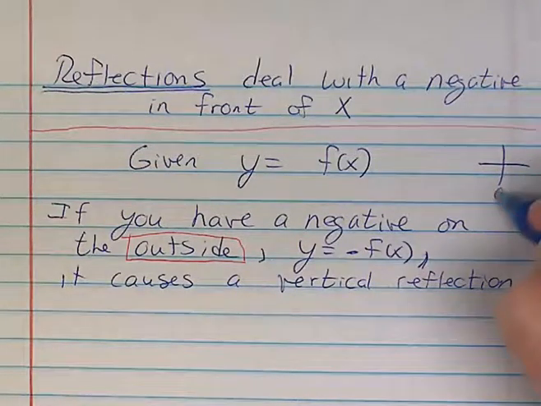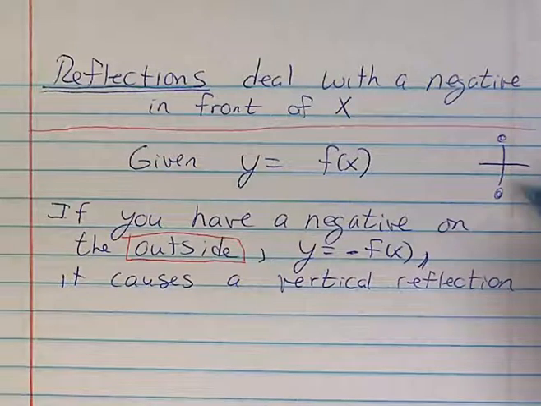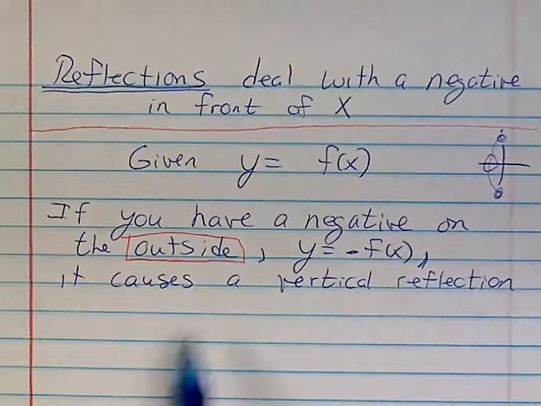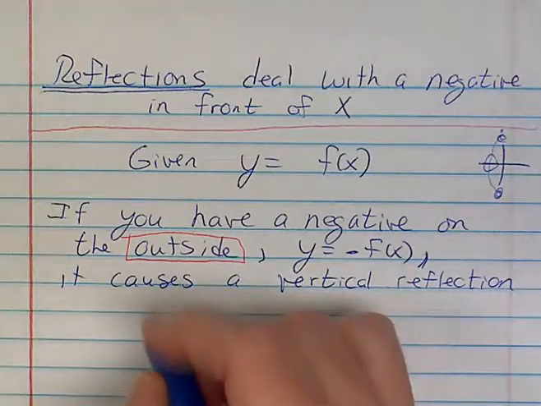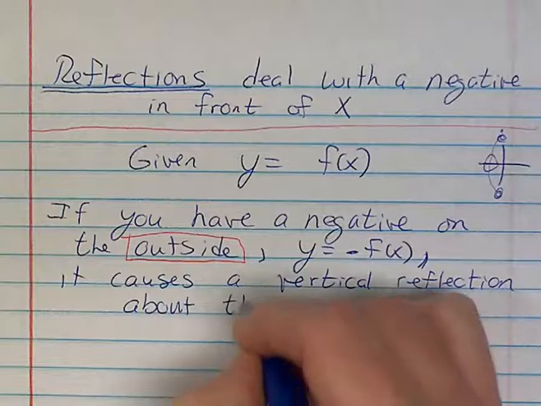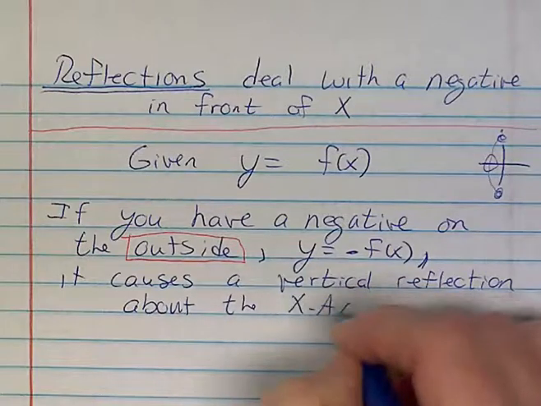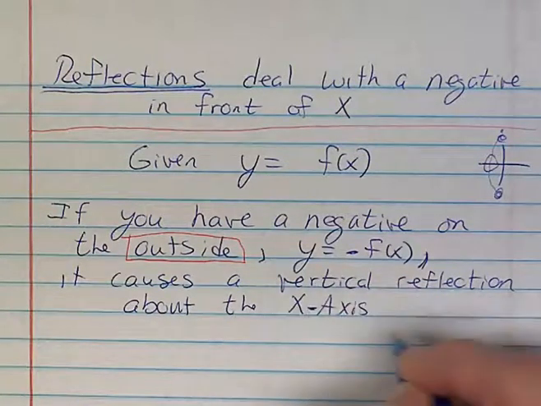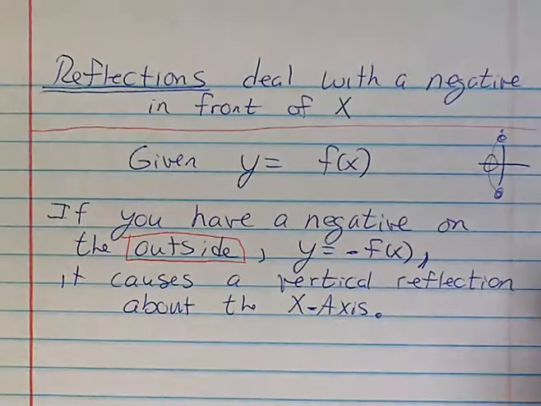If I go from here to here, what axis did I go over to get from here to here? You're going over the x-axis, right? So they're going to say that this causes a vertical reflection over the x-axis, because you're basically going to take this thing and flip it upside down.